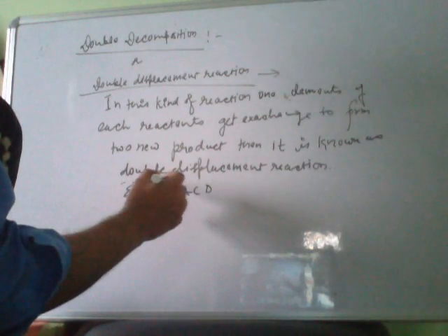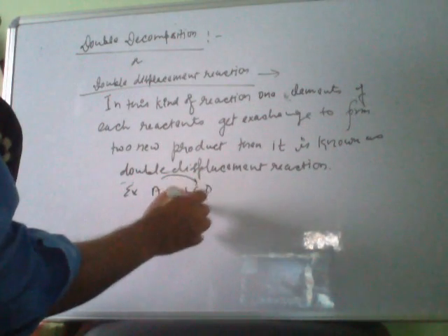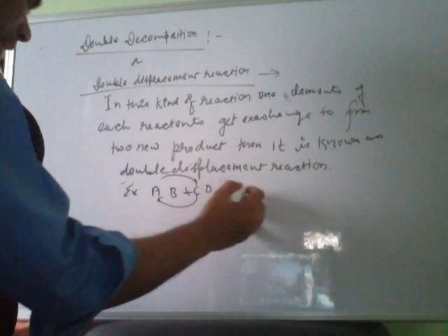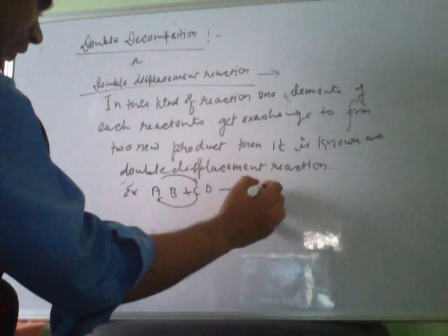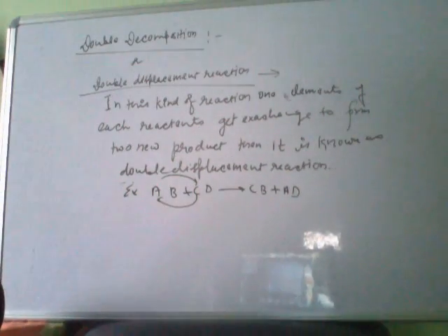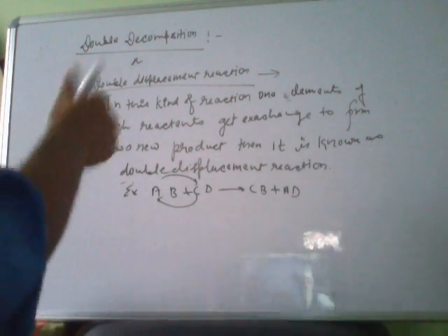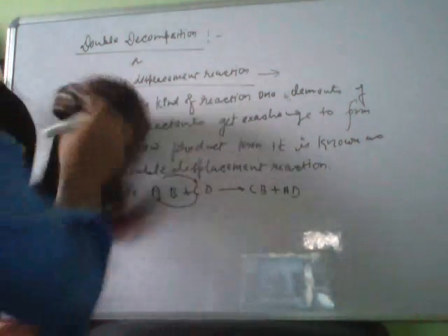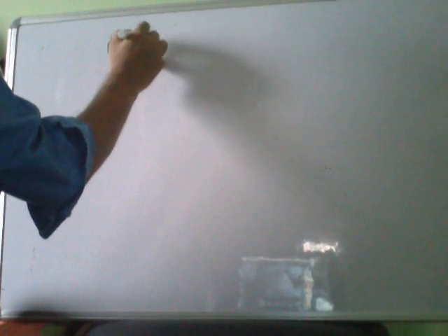They will exchange to form CB and AD. This kind of reaction is known as a double displacement reaction, and it is of two types. The first type of double displacement reaction is the precipitation reaction.